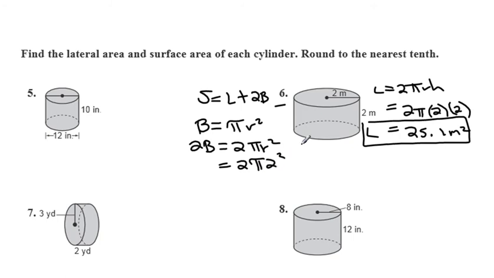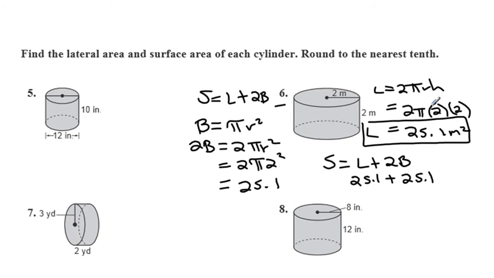That gives me a value of 25.1 again. So my surface area is my lateral area plus 2 of my base areas. My lateral was 25.1. My 2 bases was 25.1. So that gives me a total of 50.2, and that's meters squared for my surface area.